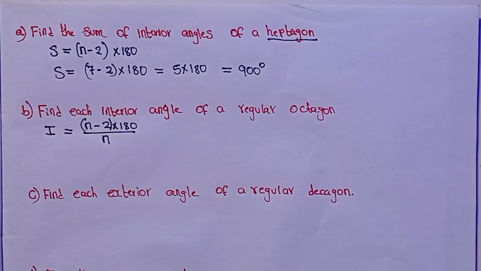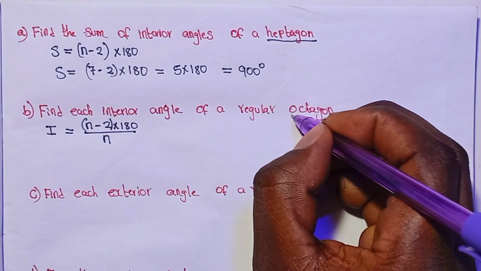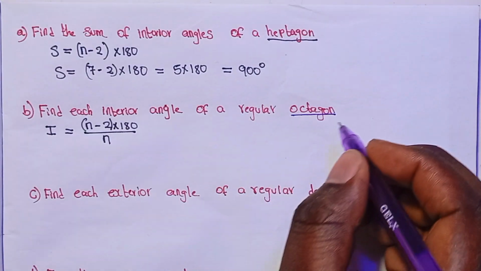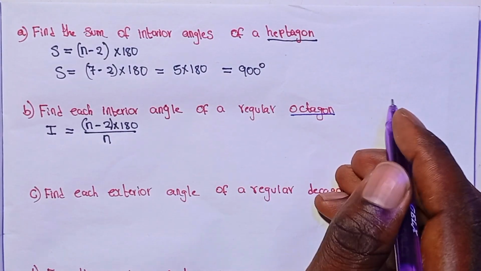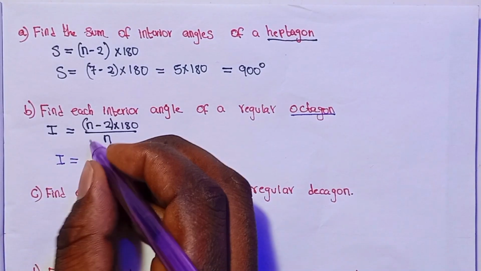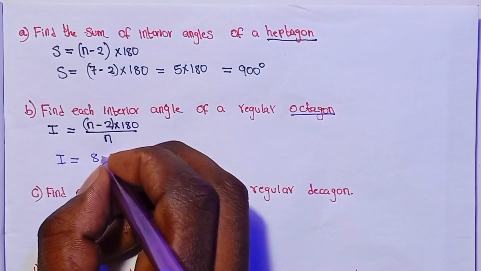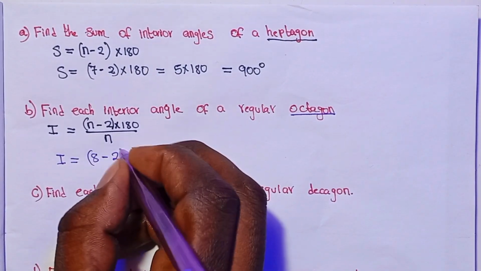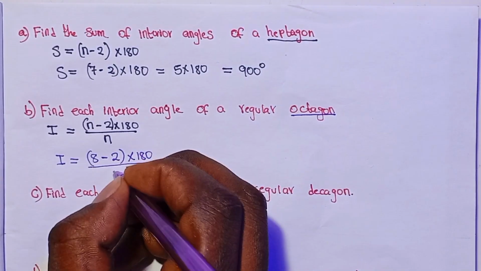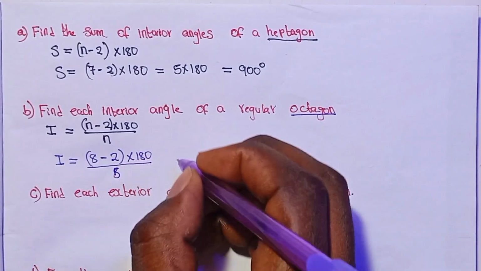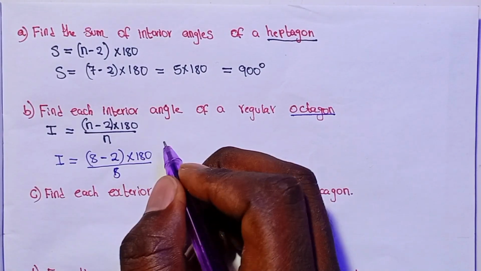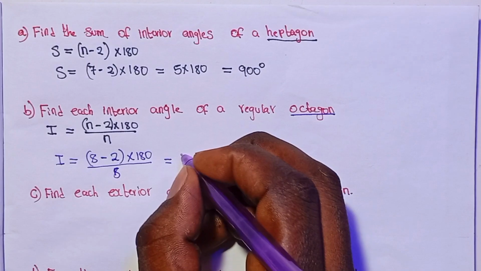For our case, an octagon, what we need to know is that an octagon has 8 sides. So n is 8: 8 minus 2, times 180, divided by 8. So 8 minus 2 is equal to 6.